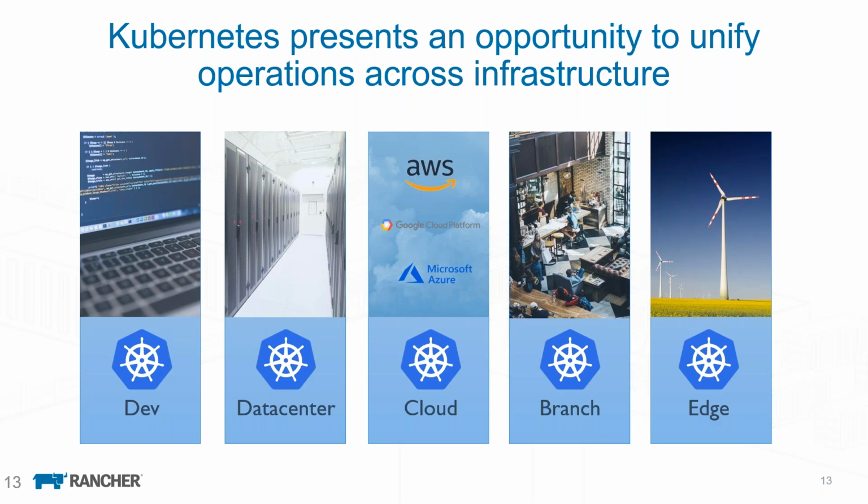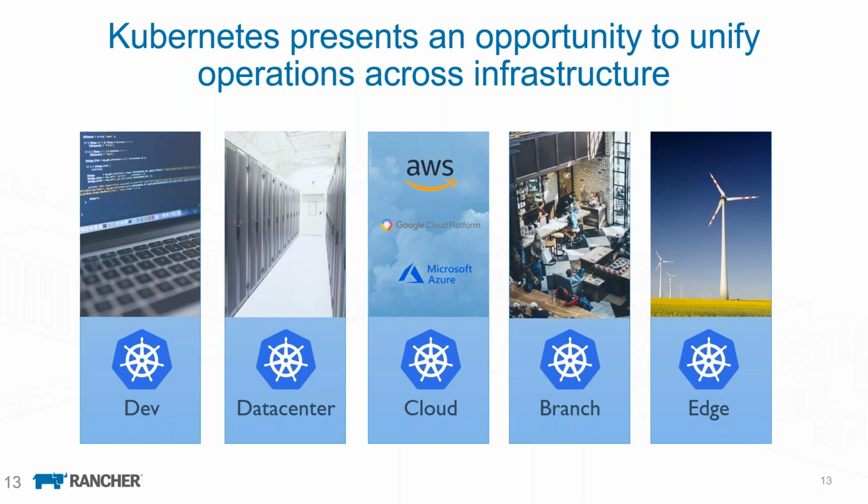But equally interestingly is the potential for single node Kubernetes to end up on things like ATM machines and MRI machines and wind turbines and cash registers and pretty much anywhere you can imagine Windows or Linux running today, set-top boxes, people are talking about. You could imagine a single node Kubernetes running.